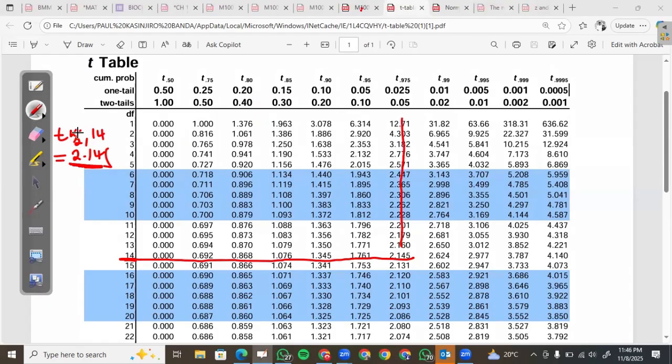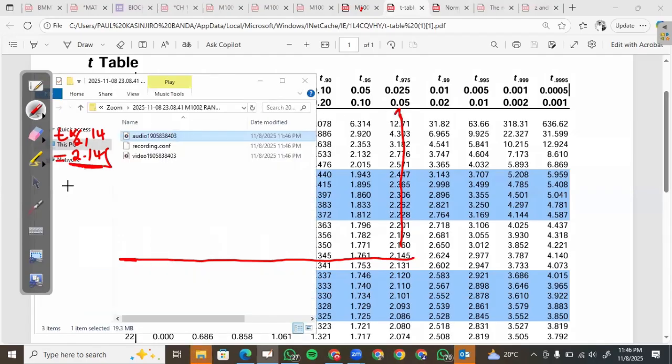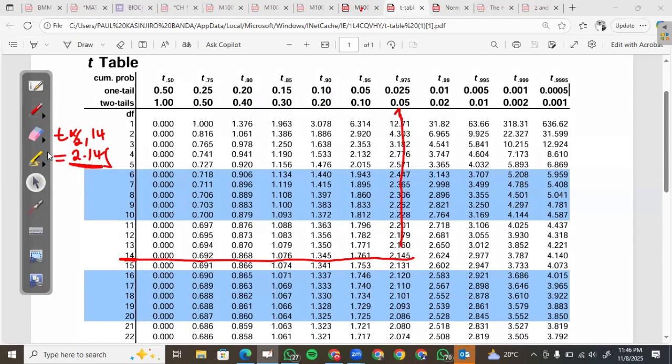Since it's alpha over 2, the alpha value will be found in the row for the one-tailed test. So I'll go above here, meaning alpha divided by 2. Here you can find this alpha in two ways.